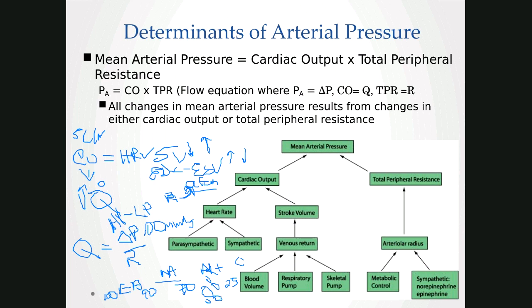And then to get through the capillaries, at the end of the capillaries maybe I'm at 15. And then to get through some of the veins, I'm anywhere from 2 to 7 millimeters of pressure. All right, so that's the whole picture of my cardiac output.